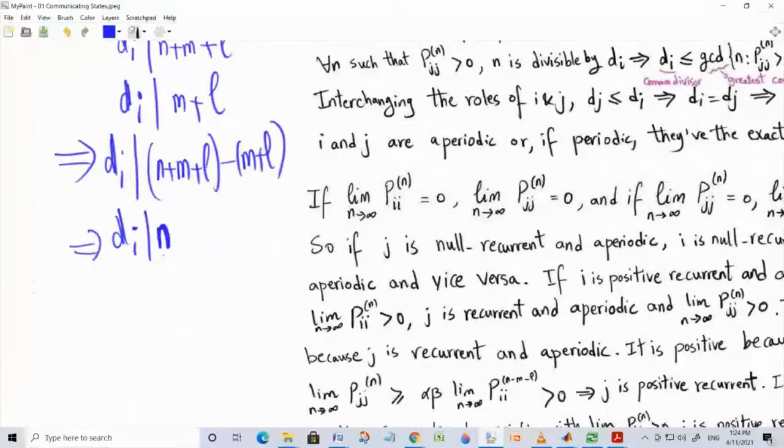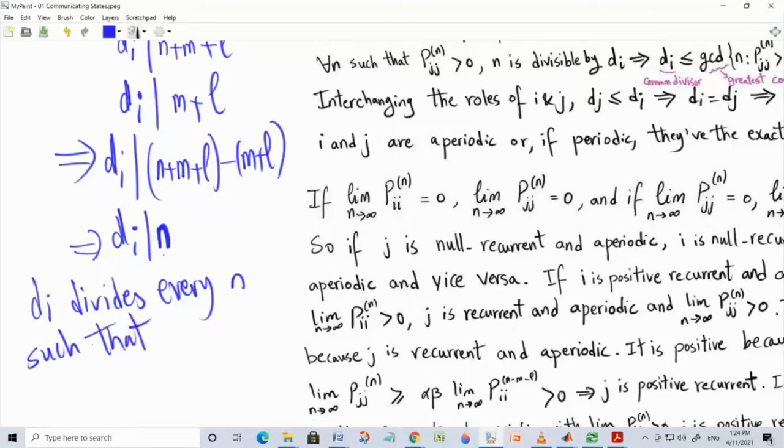So d_i divides every n such that b_jj of n is strictly positive. So d_i is a divisor. But who is the greatest common divisor?